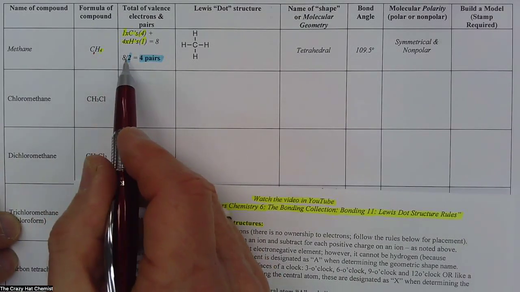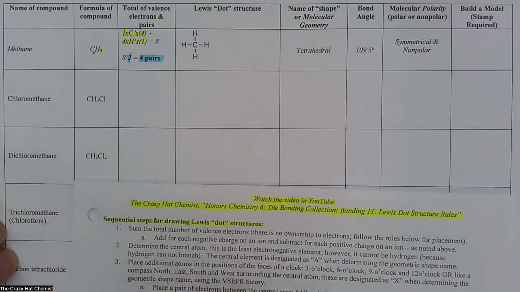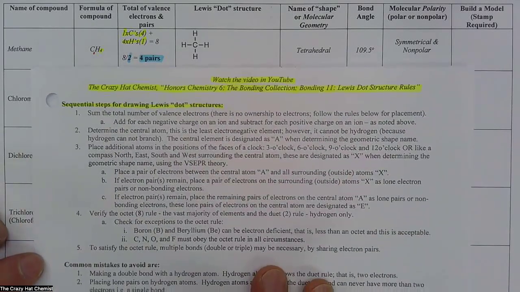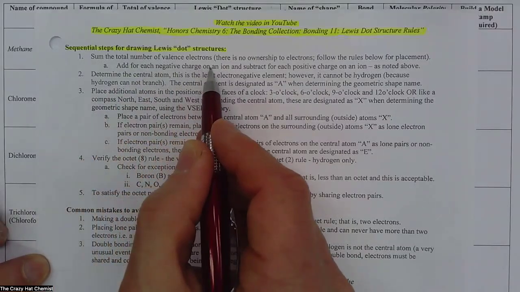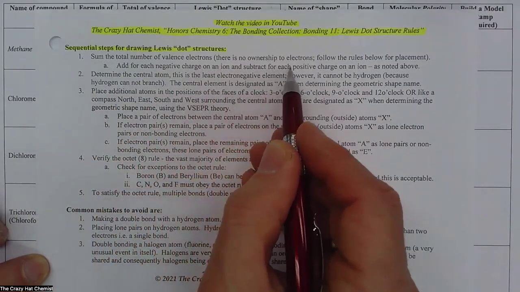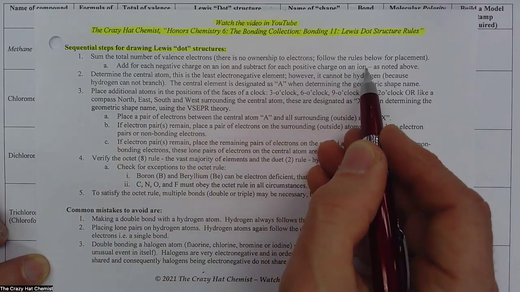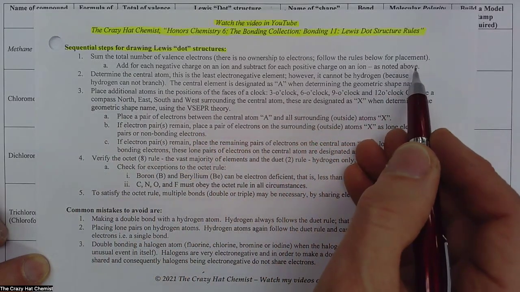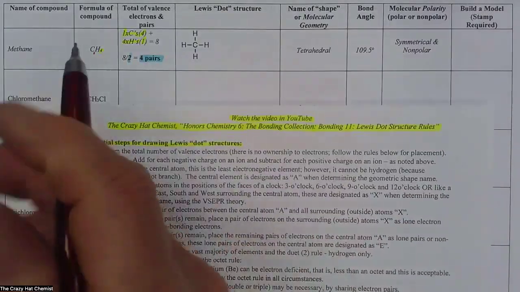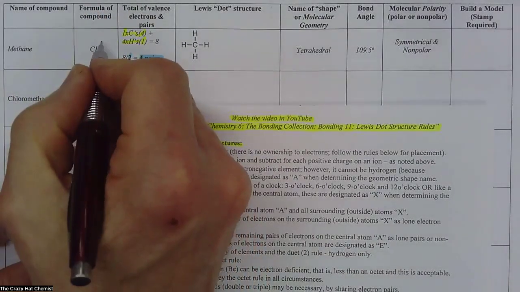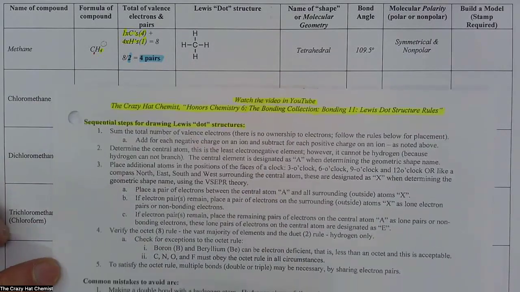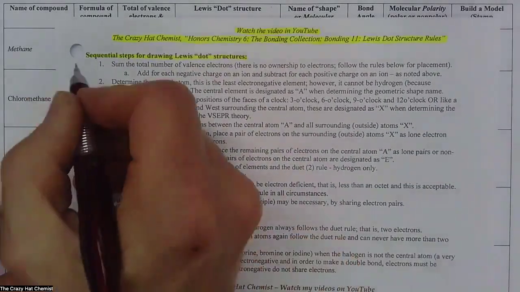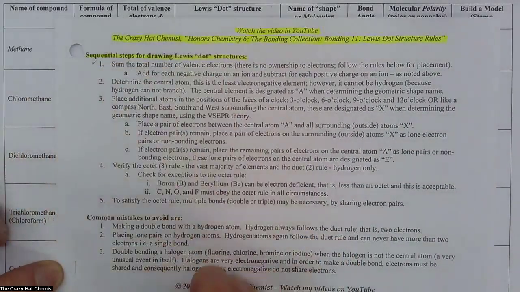We're going to be working with pairs because it's going to be much faster in the future, guaranteed. 1A says add for each negative charge of an ion and subtract for each positive charge on an ion as noted above. We don't actually have to do that on this problem because methane is neutral. There is no charge in that upper right-hand corner. So check on number 1.